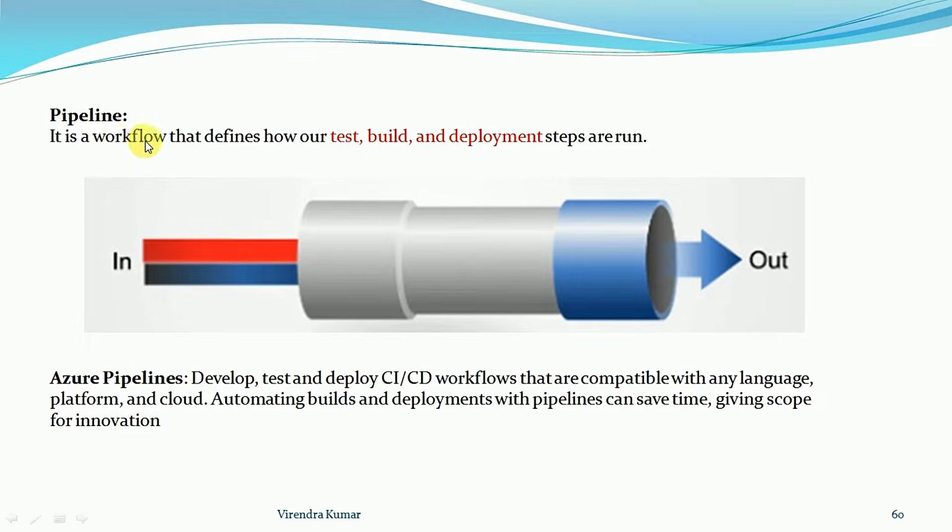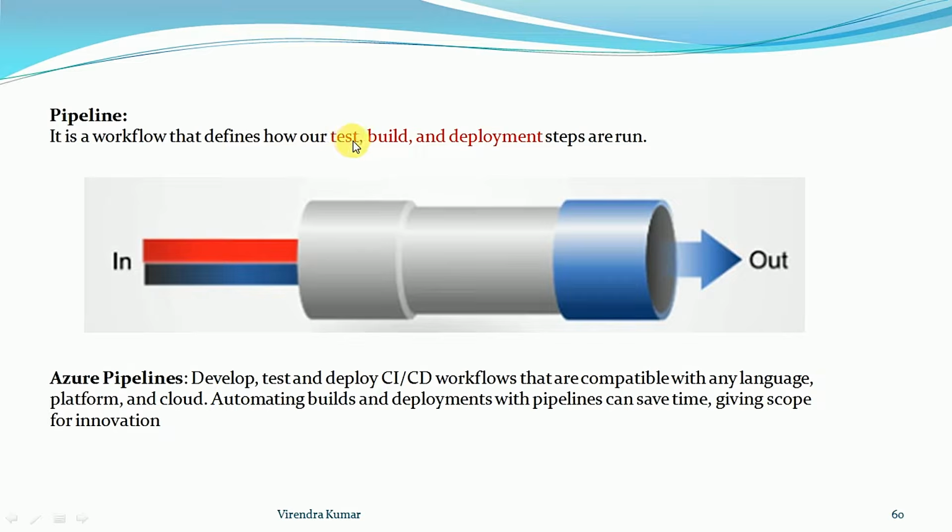In DevOps, the pipeline concept is where we provide one stage's input and get the stage output, and this stage output we provide to another stage as an input, and we get the output.